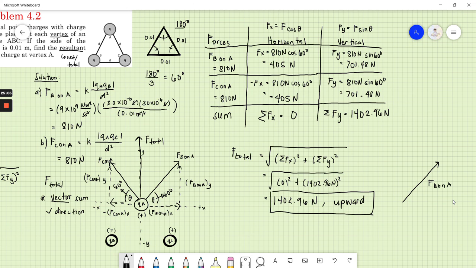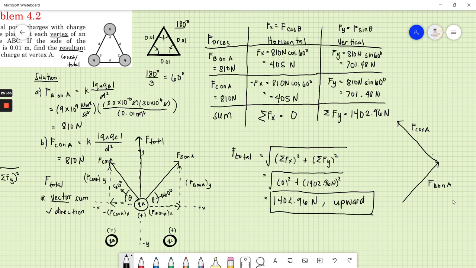So take one and then take the second one and place the tail of the second one at the head of the first one. So this is your FB on A, and this will be your FC on A, a little too big, but something around here.